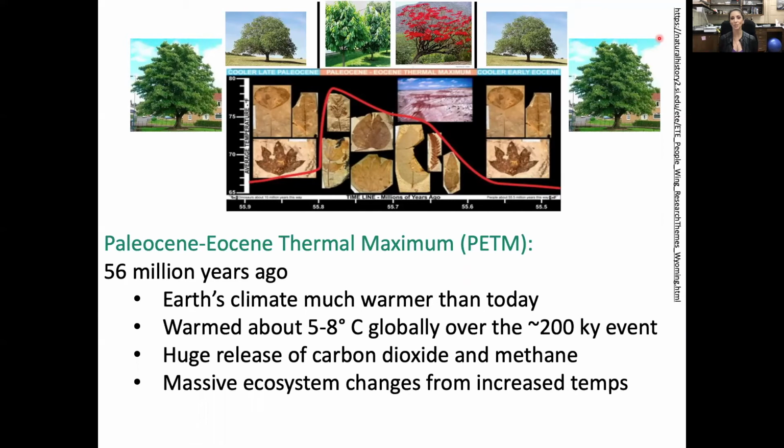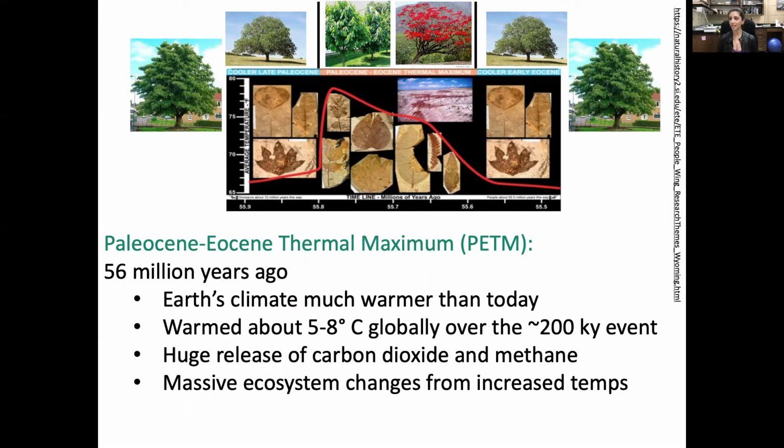So not only did we have greenhouse gas emissions from volcanoes, but we also had it from the sea as well. So during this period of Earth's history, the Earth warmed about 5 to 8 degrees globally over 200,000 years. We saw massive ecosystem changes from these temperature swings.